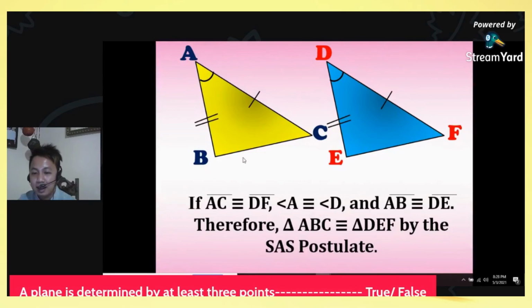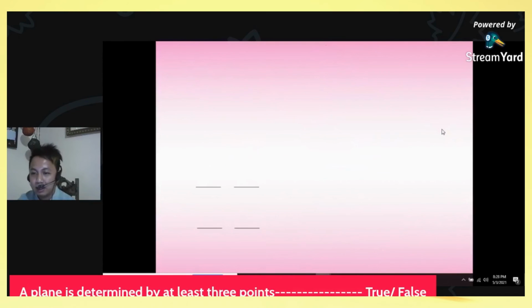If side AC is congruent to side DF, and angle A is congruent to angle D, those are included angles, and side AB is congruent to side DE, therefore triangle ABC is congruent to triangle DEF by the SAS postulate, or the side-angle-side postulate.